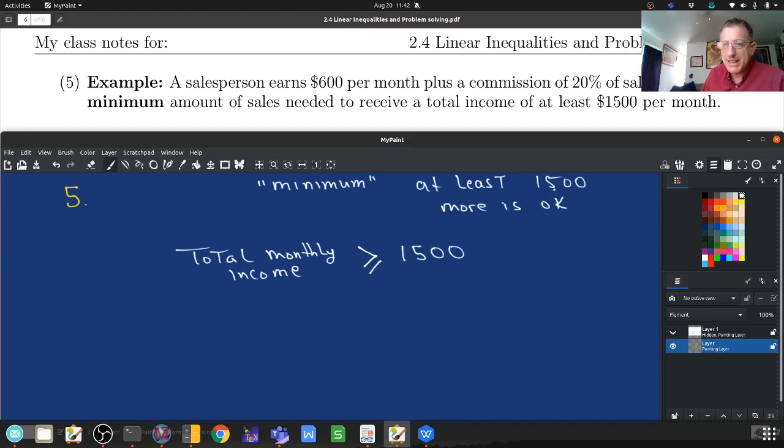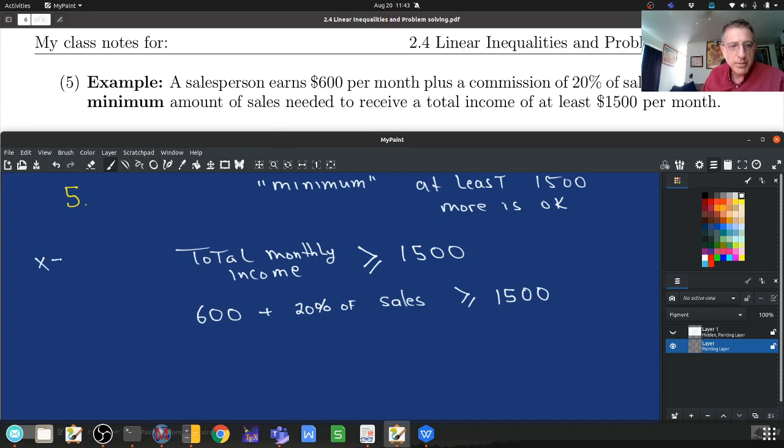So it's got to be at least, at the very, very smallest amount it can be, is $1,500, including $1,500, but more is okay. But your total income is $600 plus 20% of sales. And that has got to be greater than or equal to $1,500.